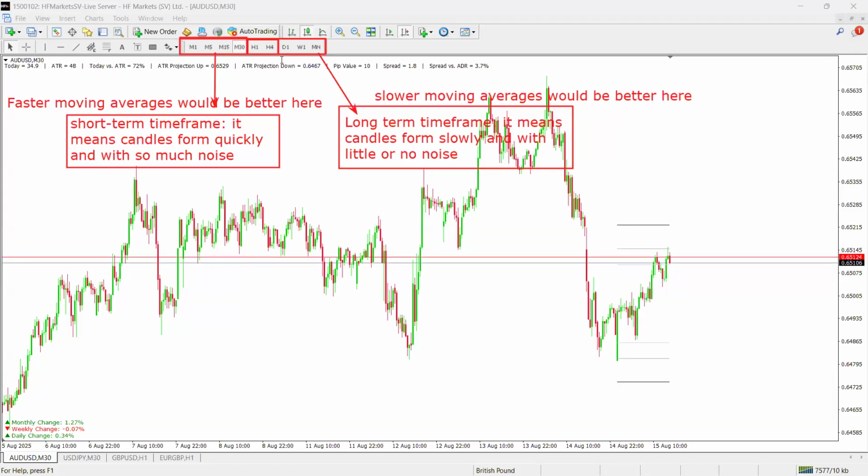So you want to ensure that you're conscious of the time frame you're working on and the type of moving average that you're looking to use.